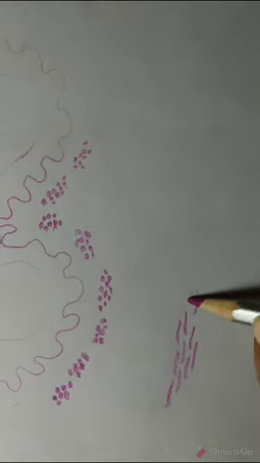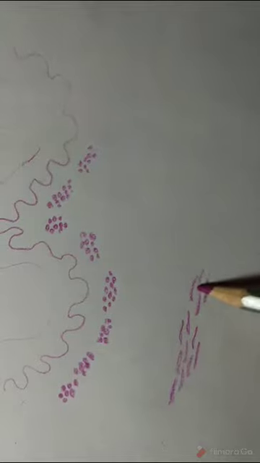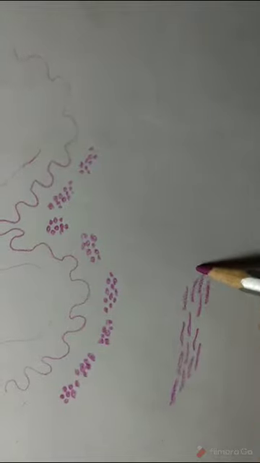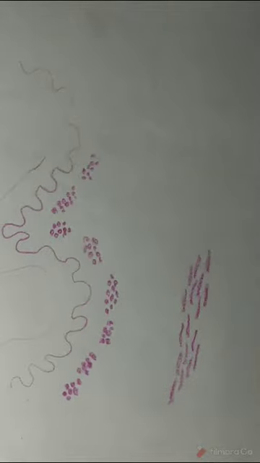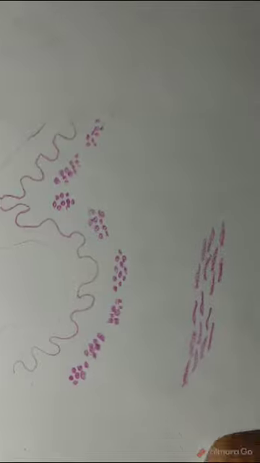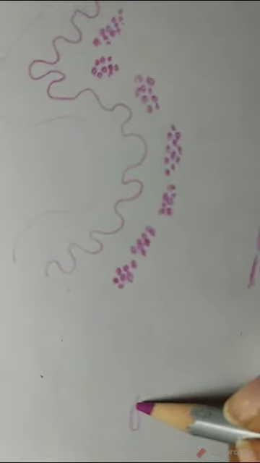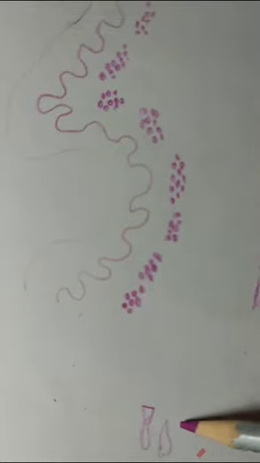Draw them very lightly and just a line. Then afterwards make it fusiform. Don't make smooth muscles like eyes or fishes or boats. Smooth muscles are not like that. Smooth muscles are fusiform in shape with central nucleus.